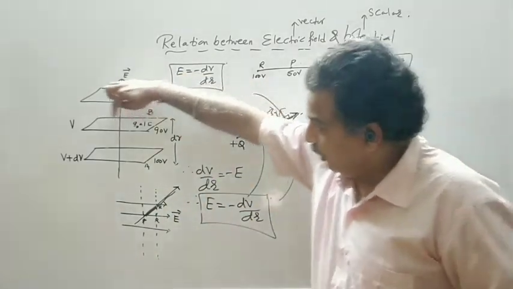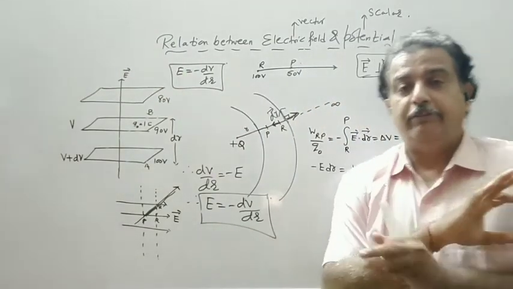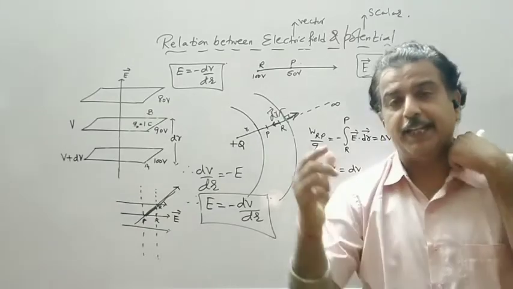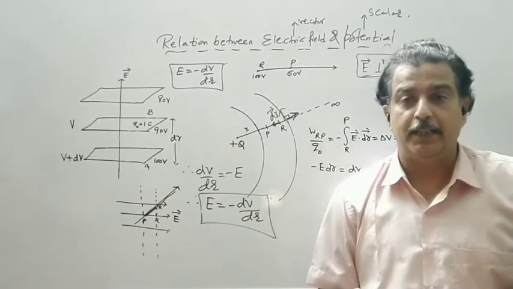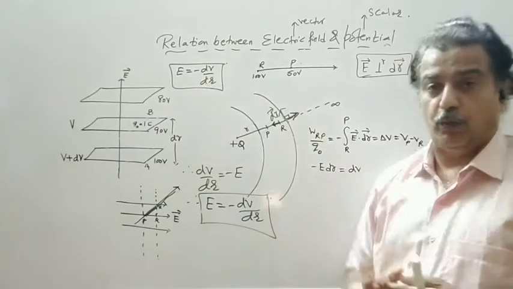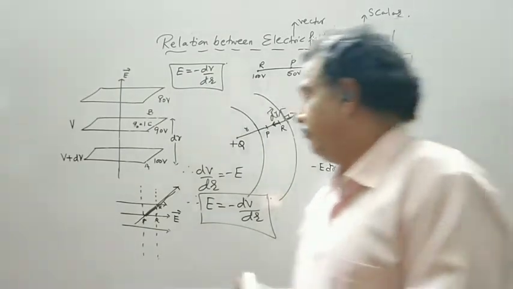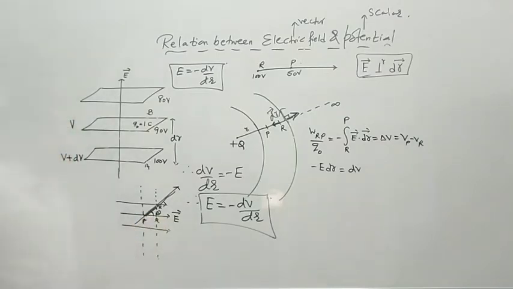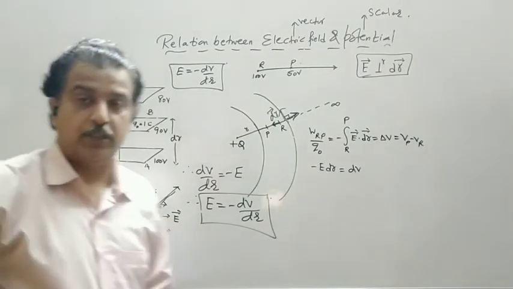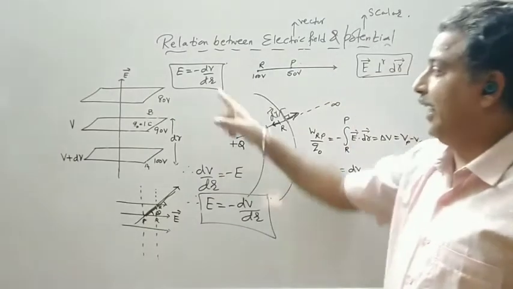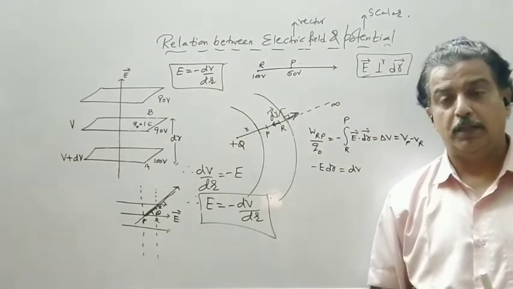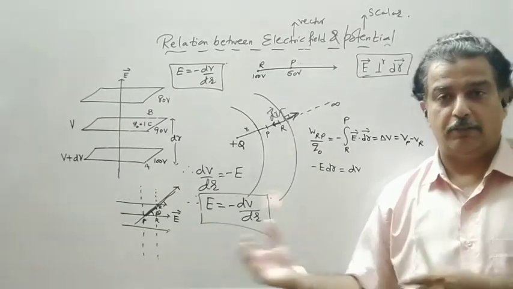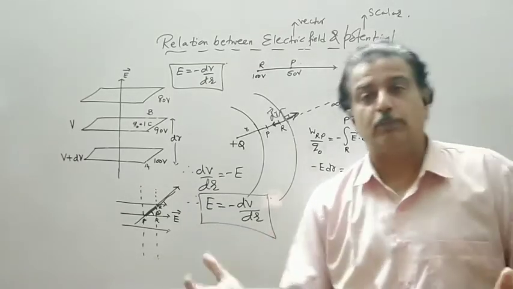If I move from this point to this, we will not move perpendicular to the field. Radially, if you move making an angle 0 degree or 180 degree, then we may apply this formula. But what happens if I move making an angle theta with the electric field? Now this is the situation where you cannot directly apply this formula, because you are not moving radially.